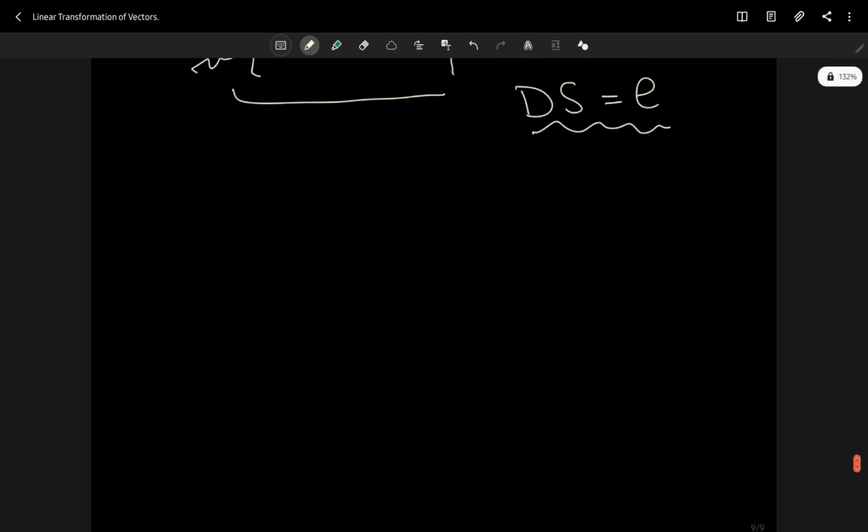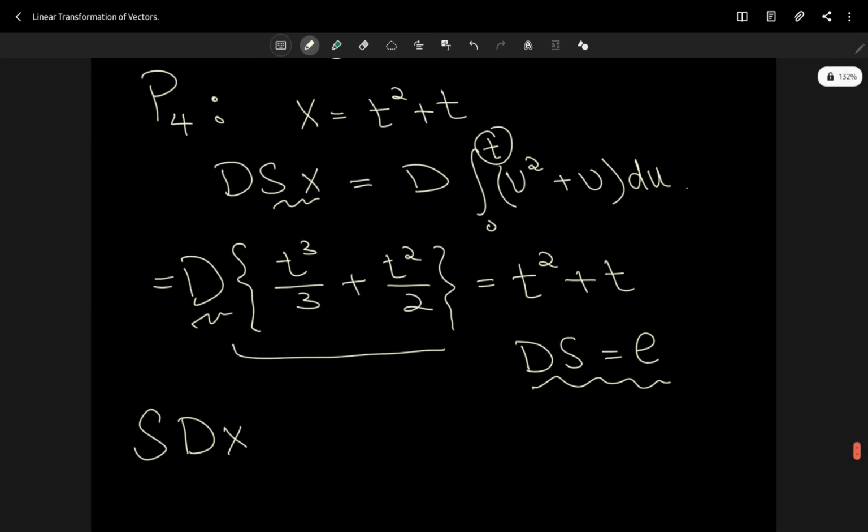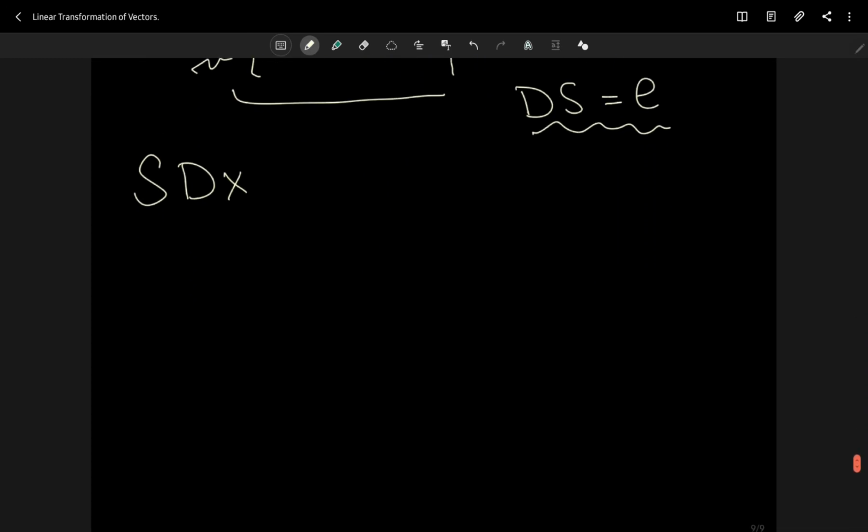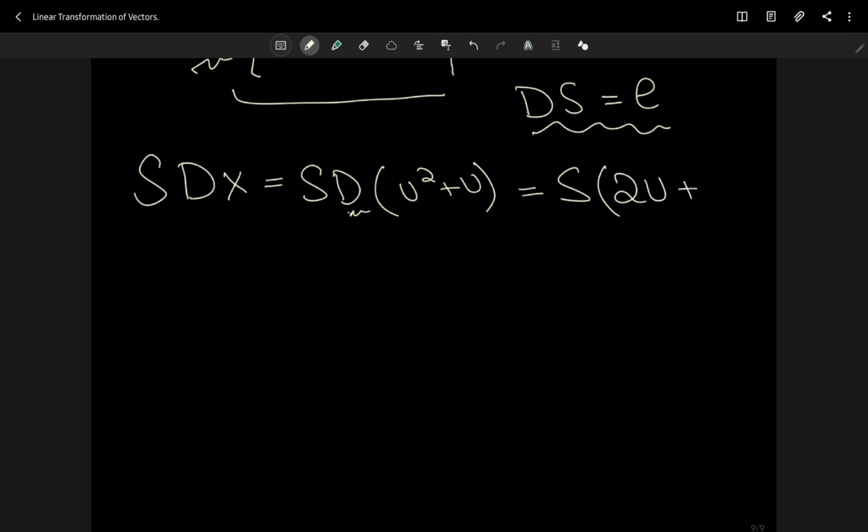Okay, now moreover, what we could do is consider another example where we take the derivative of this x first and then apply that integral operation that we defined like this, right? So let's go ahead and do that. So again, this just means take the derivative of this function u squared plus u. Now the derivative of u squared plus u ends up as 2u plus 1, since the derivative of u is 1.